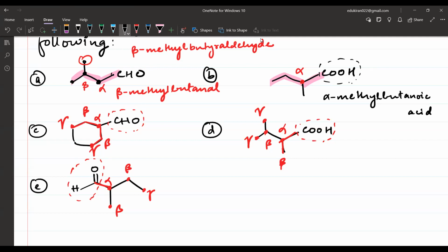Okay, or what else you can name? You can name this as alpha methyl butyric acid. Both of the names are possible.